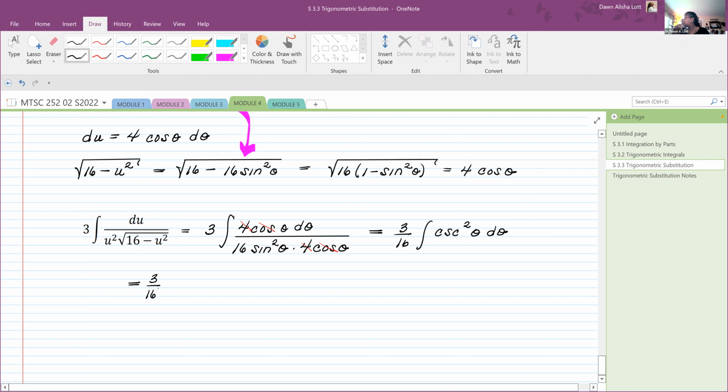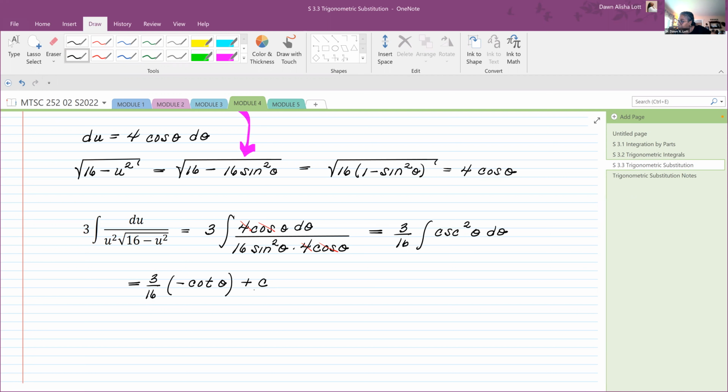The integral of cosecant squared is negative cotangent of theta plus a constant. Okay, that looks pretty good.